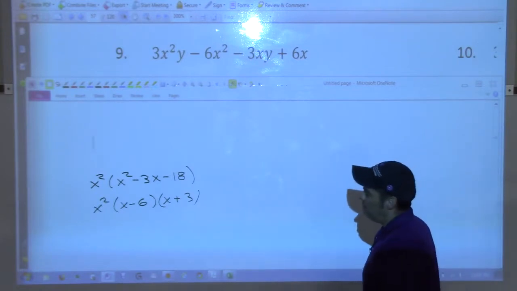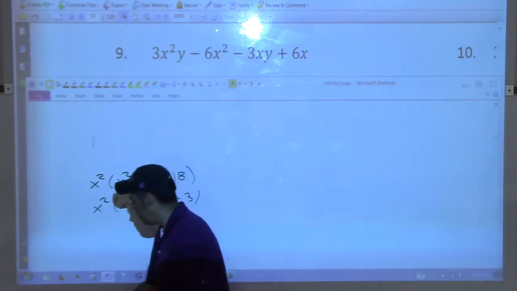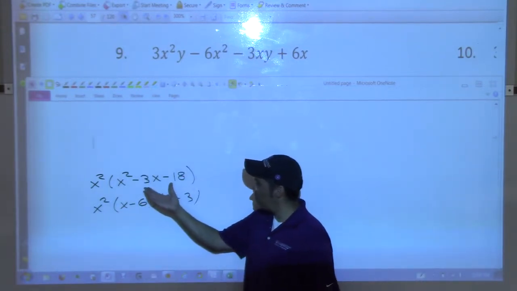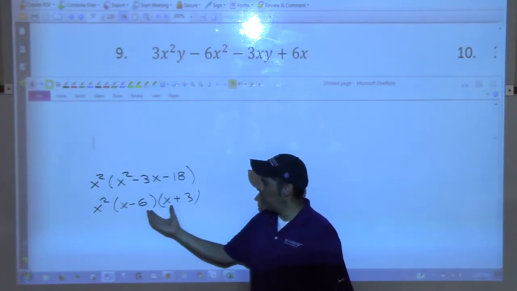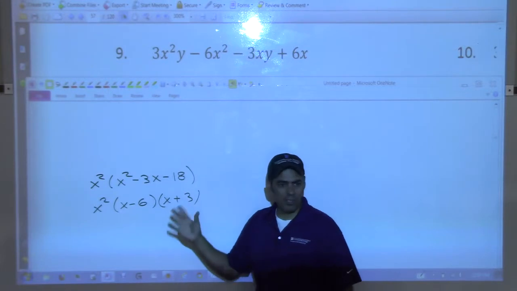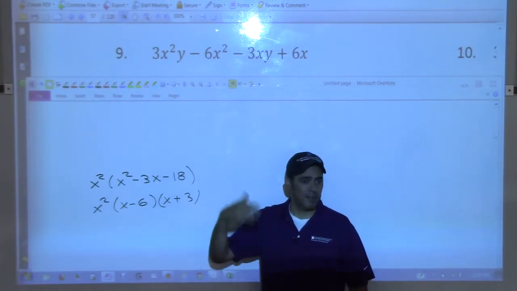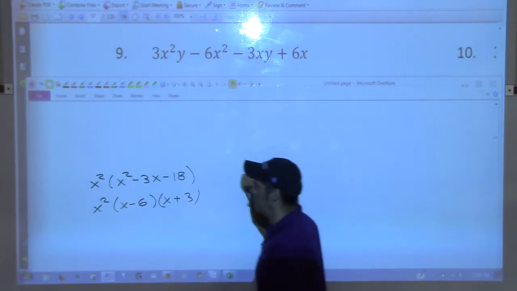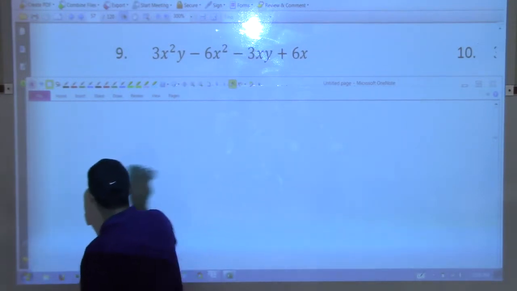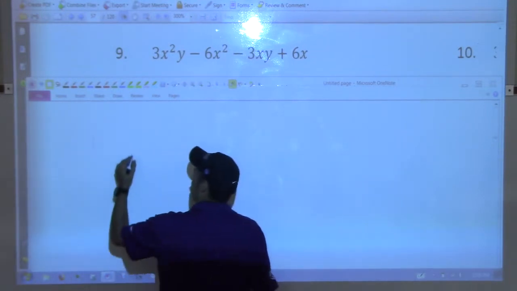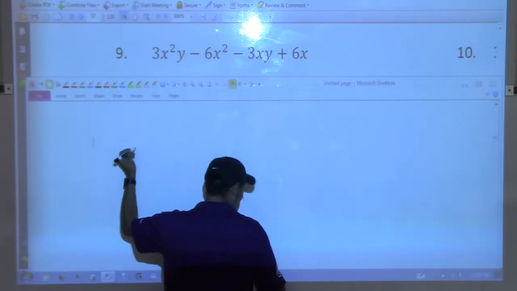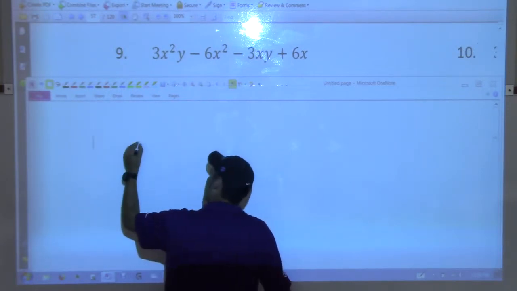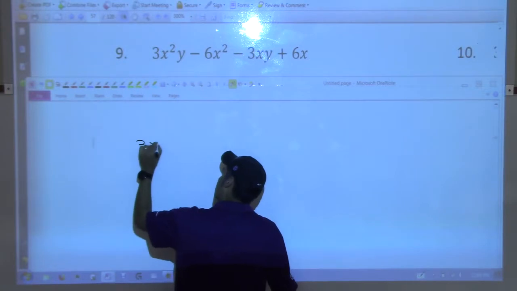All right, the people who can go from this to this without much work learned a different method called guess and check, which is good, but it takes a lot of time to develop. You can't just get it overnight. And it's not always foolproof. For example, let's try to do this one. 3x squared.